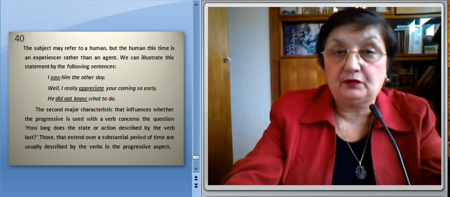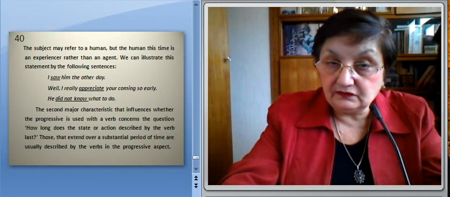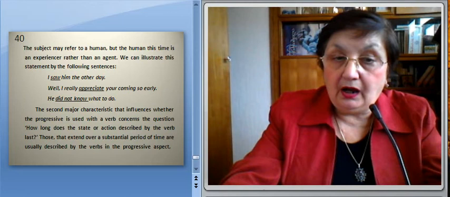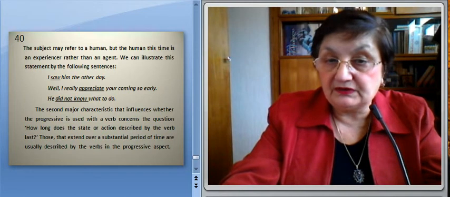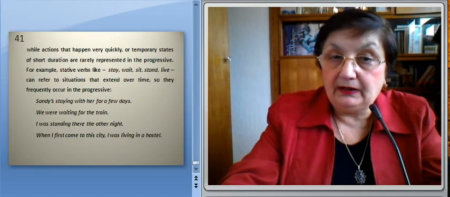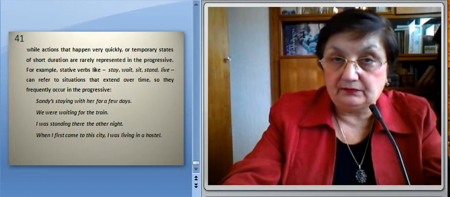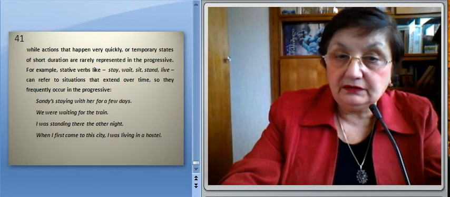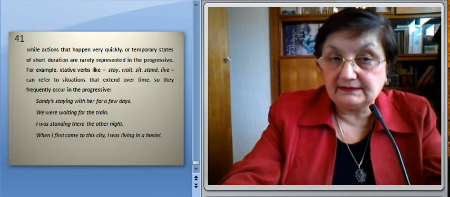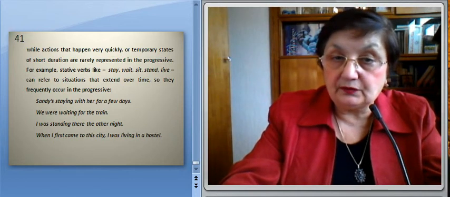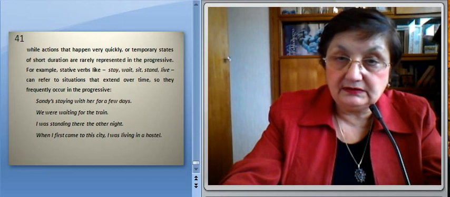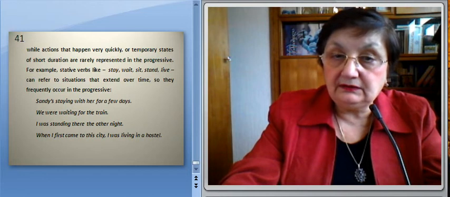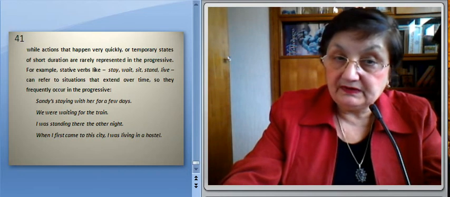For example, stative verbs like stay, wait, sit, stand, live can refer to situations that extend over time, so they frequently occur in the progressive. For instance, "Sandy is staying with her for a few days," or "We were waiting for the train," or "I was standing there the other night," or "When I first came to the city, I was living in a hostel."